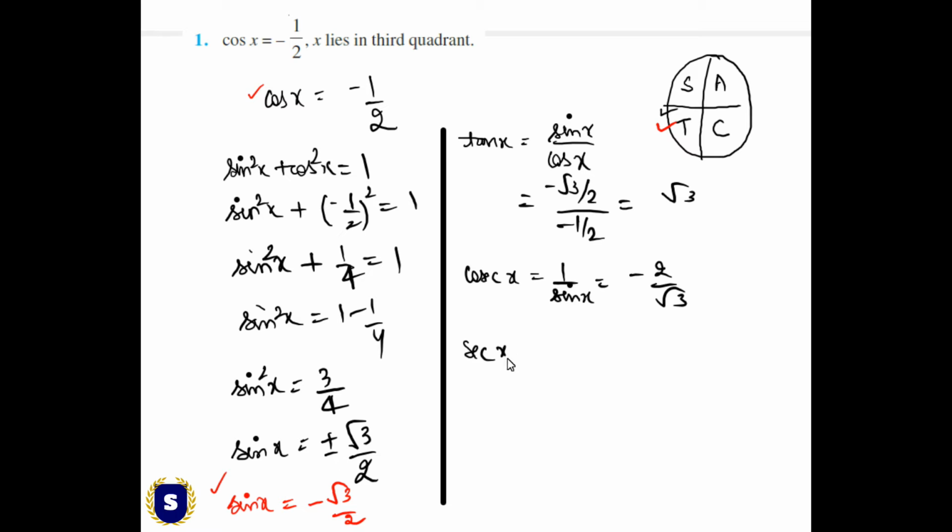Then sec x is equal to 1 by cos x, that is equal to minus 2, and cot x is equal to 1 by tan x, that is equal to 1 by root 3. Okay, in the third quadrant we have only tan and cot positive, right? Tan and cot positive, and the rest of the trigonometric functions are negative here. Let us solve the next question.